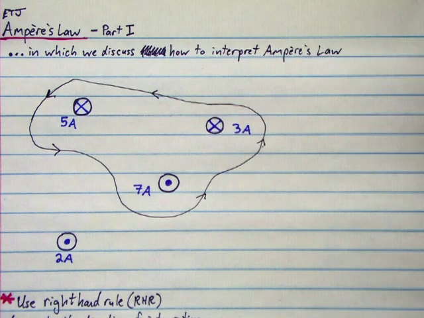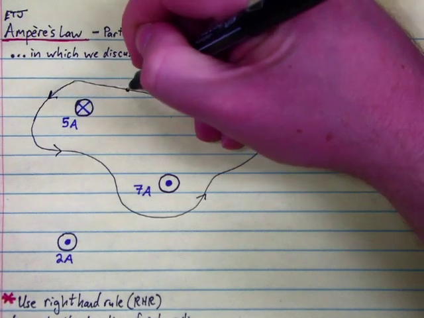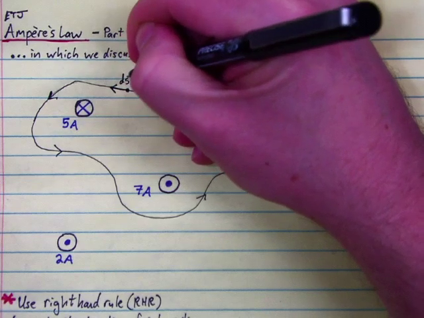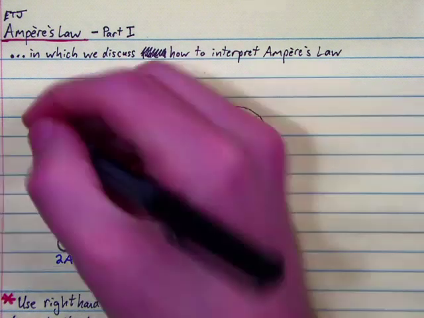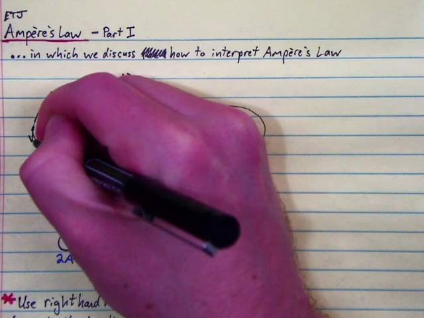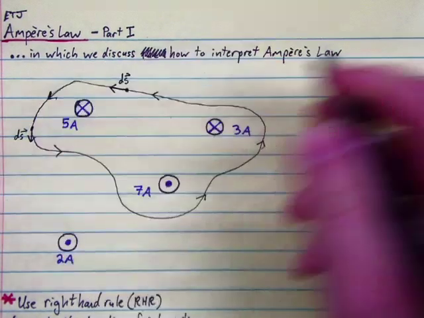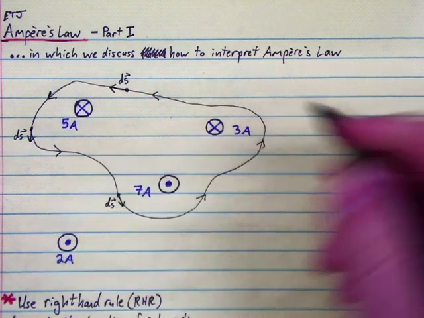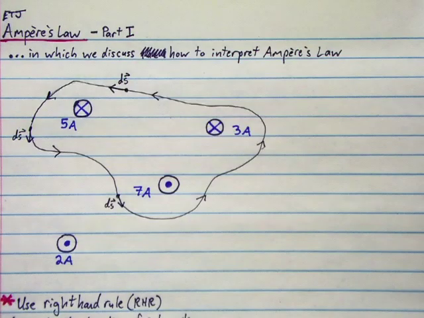So at any given point on the path, you could draw in a little tangential displacement vector, ds, your little step forward along that path, tangent to the path. Here are all our little displacement vectors, little ds's, going all the way around.